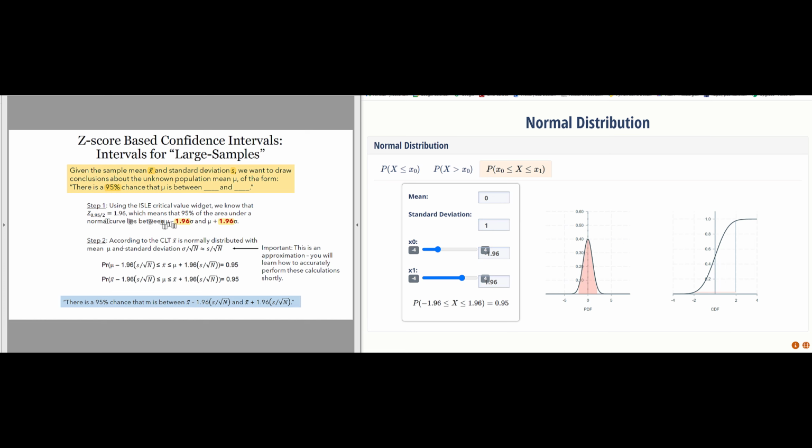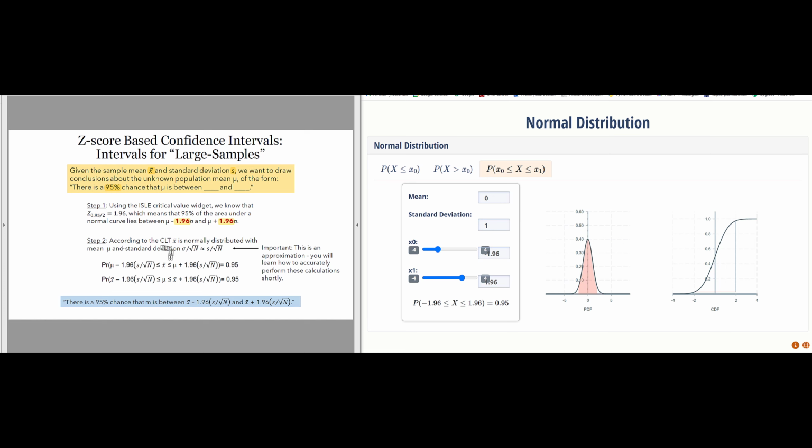Okay, so our z-score, z sub 0.95/2, because we're looking at a two-sided tail here. We're looking for values that are close to the mean as opposed to values that are far to the right or far to the left.